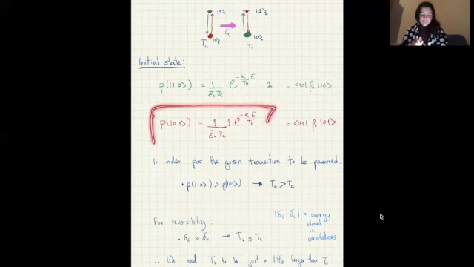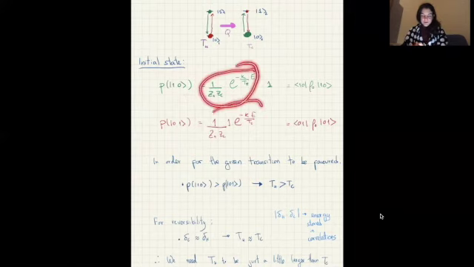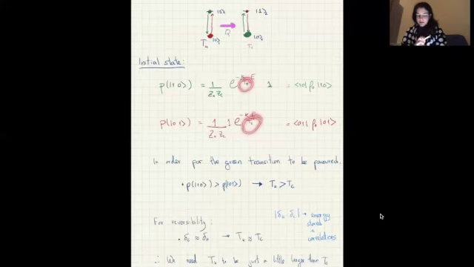And for the second one, it's going to be that. In order for the green transition to be favored, you need that this probability is larger than that, which in this case means that this value is larger than this, but the only place where they differ is these temperatures. Okay, so this corresponds to TH being larger than TC.